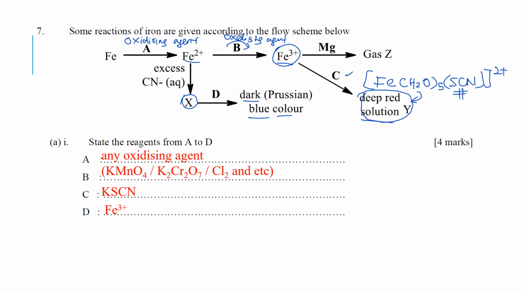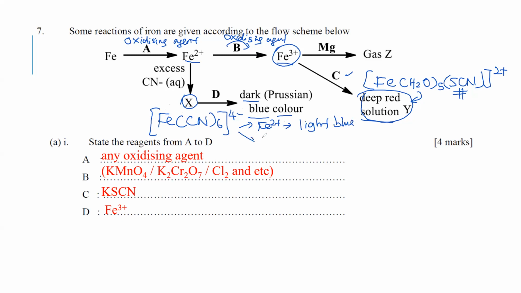Okay, as for D, what gives you a dark Prussian blue color? If you still remember in your SPM level last time, one of the ways to test iron(II) and iron(III) is by reacting with this complex [Fe(CN)6]4-, hexacyanoferrate(II) ion. Remember that? So hexacyanoferrate(II) ion, if you react with Fe2+, gives a light blue.